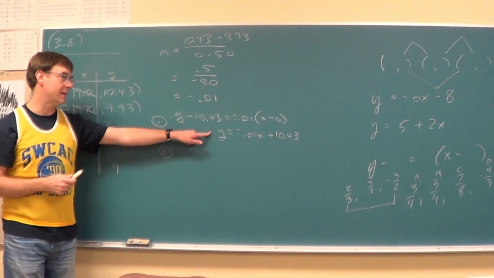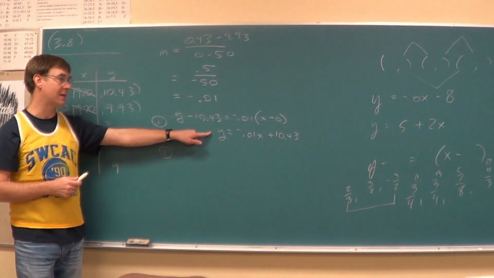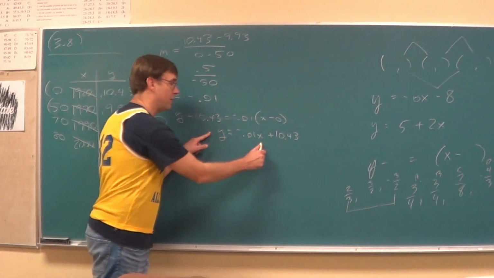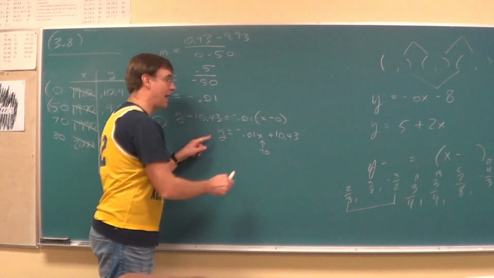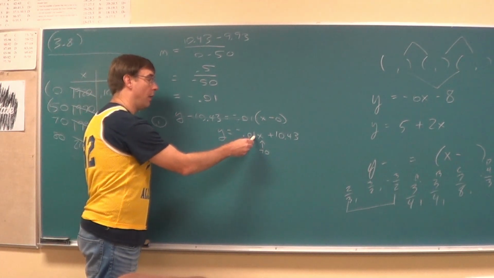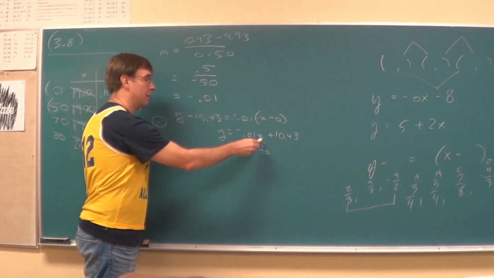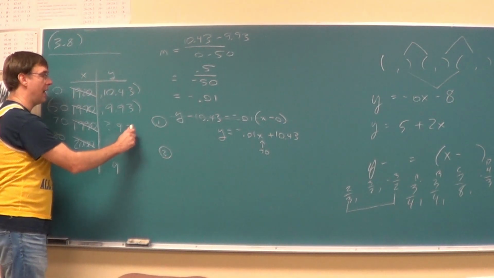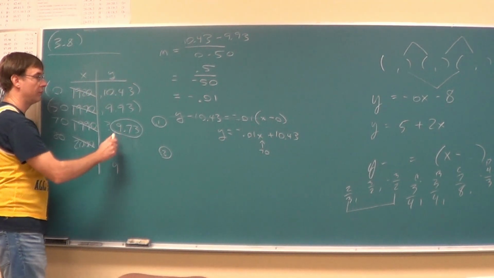Plug in 70 for x. If you plug in 70 to the x spot and grab your calculator, negative 0.01 times 70, adding 10.43 is going to get you 9.73.